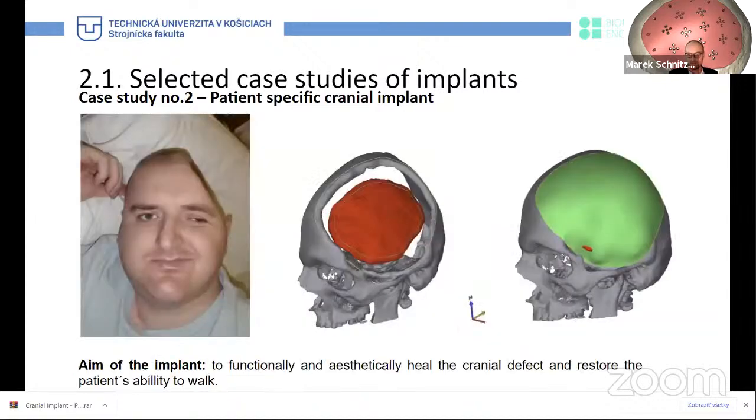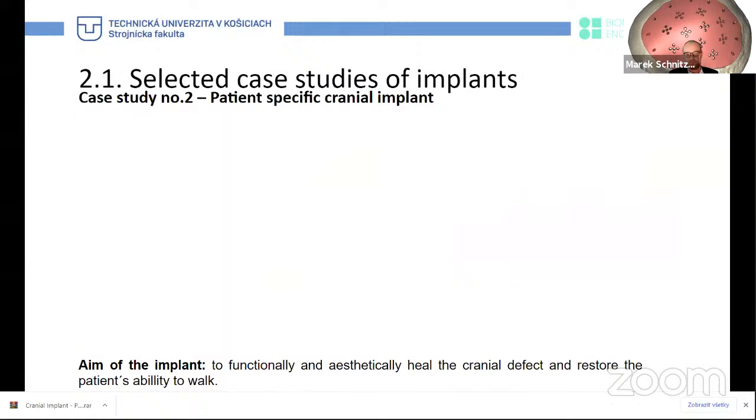So this was the second one. Here we have also an implant which is coming inside the maxillofacial region. So I put it also there, nearly similar to the first one.